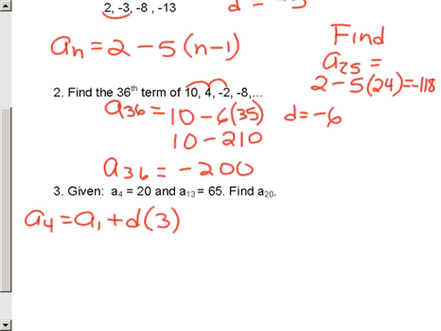This is n minus 1, and n is 4. We're not talking about the trick yet. So you get 20 equals A1, because A4 is 20, right? 20 equals A1 plus 3D. Does everybody understand where the 3 came from? Our n is 4. 4 minus 1. It's your n, this n right here, minus 1 goes here.